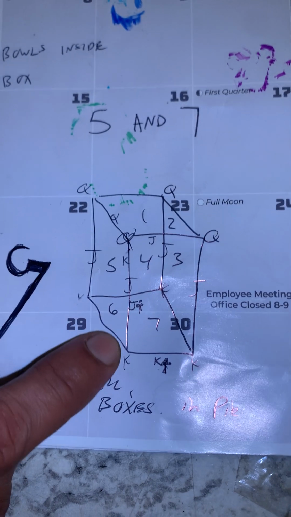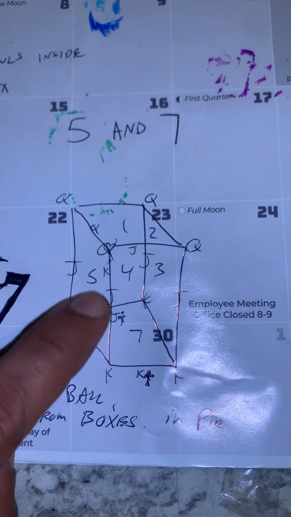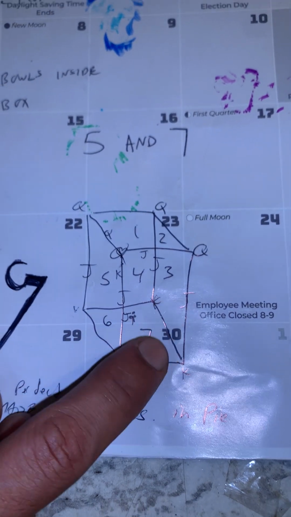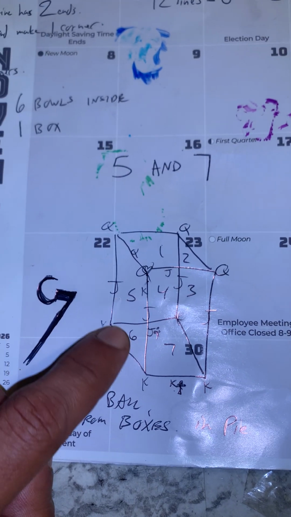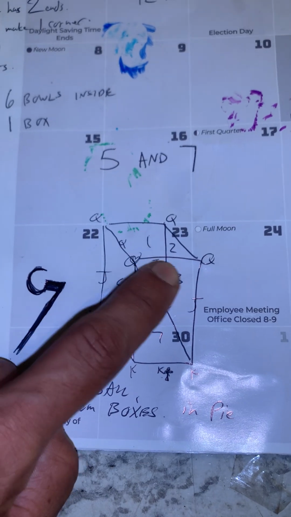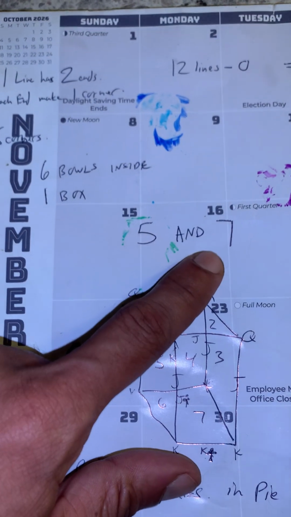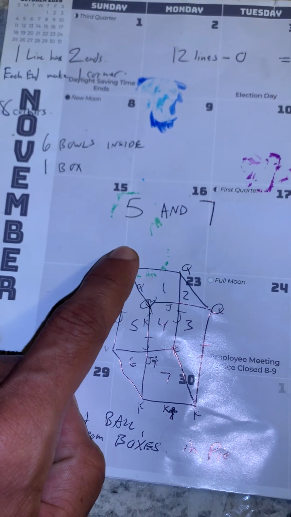And of these 7, that's a square, 1, 2, 3, 4. That's a square, 1, 2, 3, 4. There's 5 squares, and only this triangle here and this triangle here. So 7 shapes minus the 2 triangles equals 5.